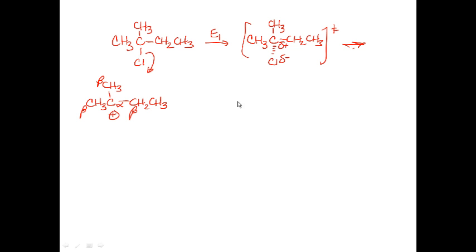And so what I'm going to do is write then each of those beta carbons has a beta hydrogen attached to it. It's just going to be a CH, and then there's a CH3. I'm going to erase that too.